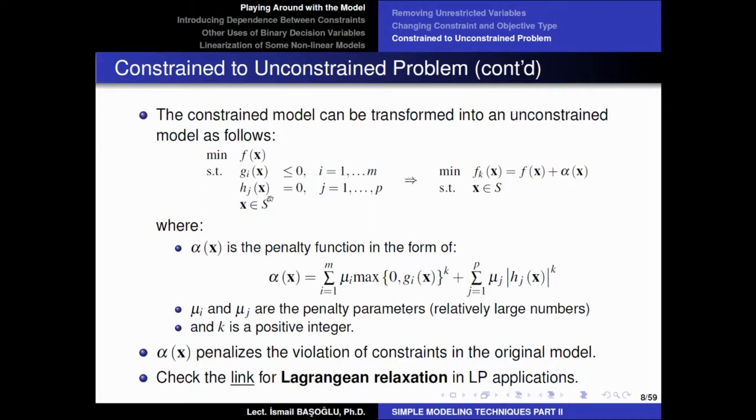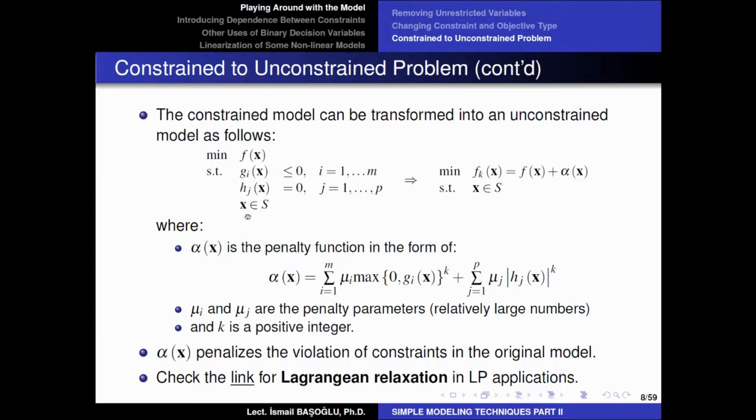Now, it is possible that we can remove all of these inequality and equation type of constraints from the model and keep only the constraint which gives us the acceptable, feasible solution space for the variables.